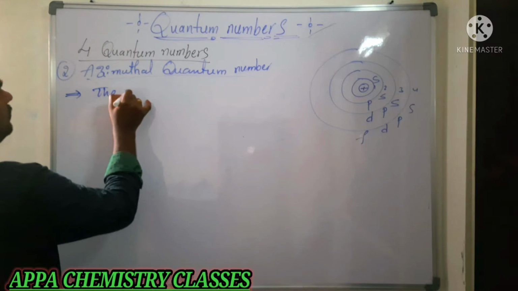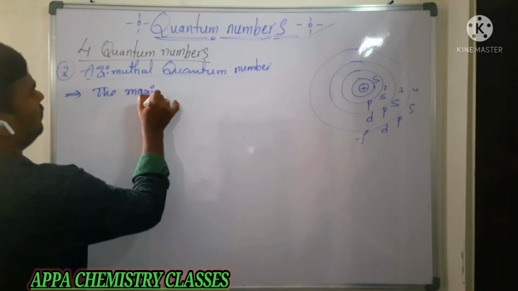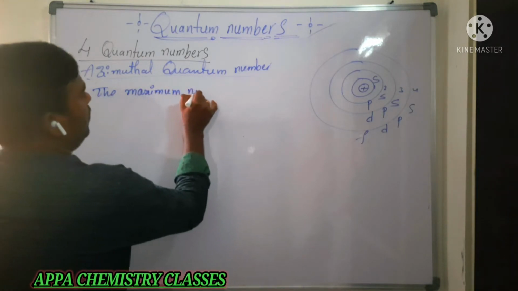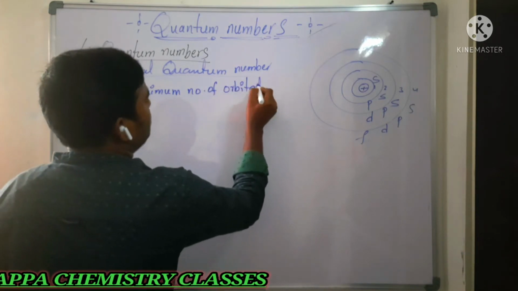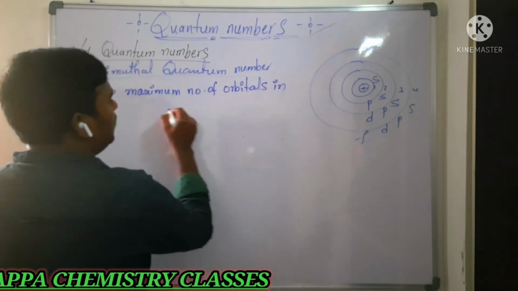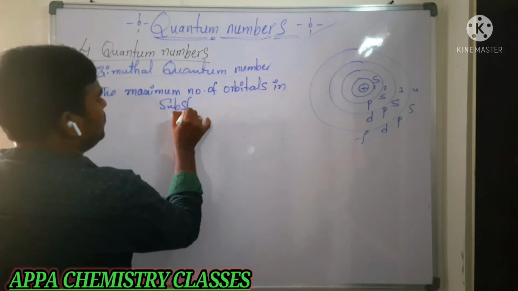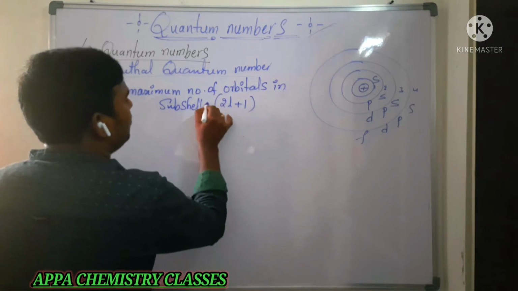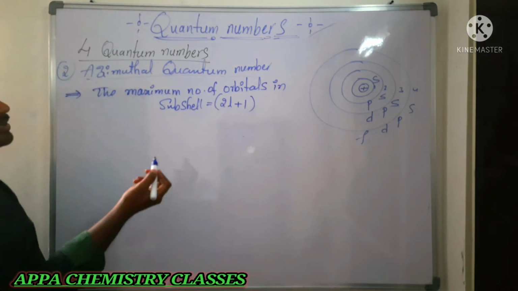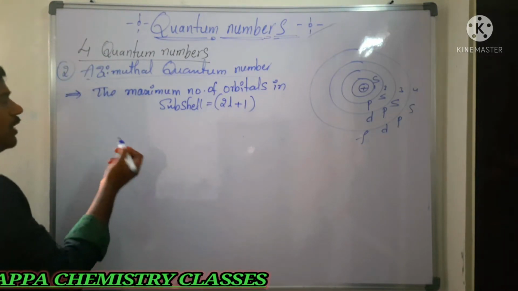The maximum number of orbitals in a subcell is given by which formula here? 2L plus 1.